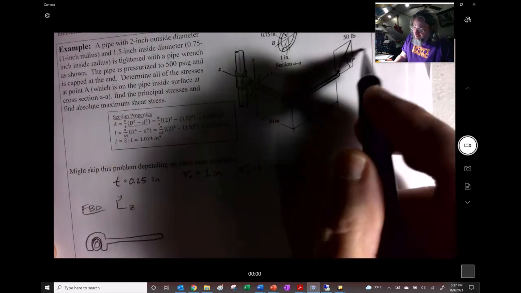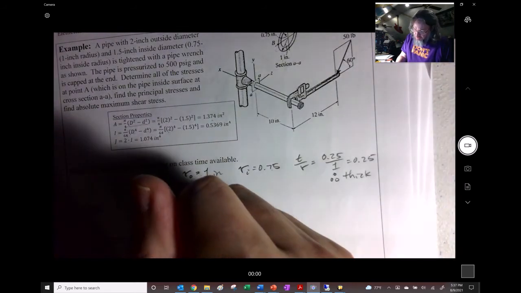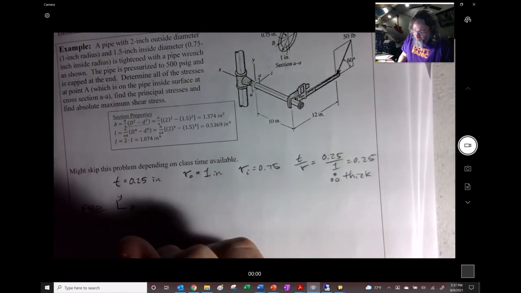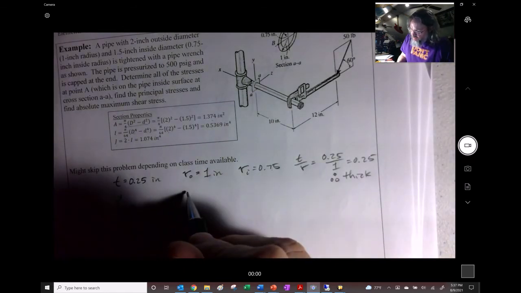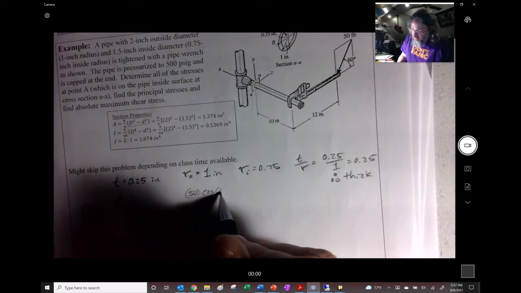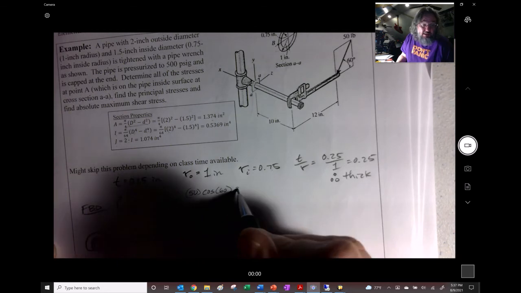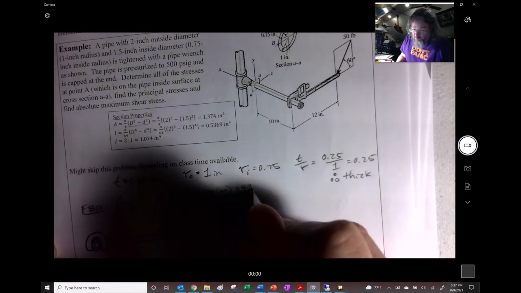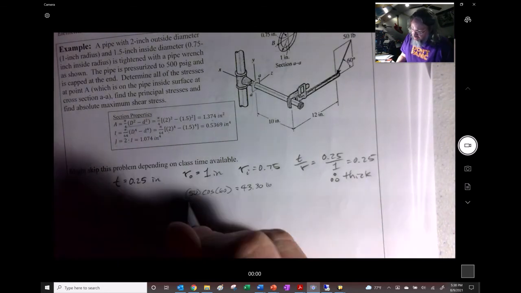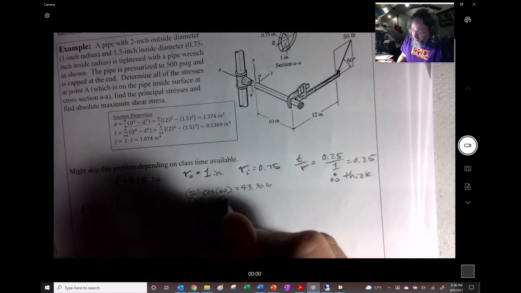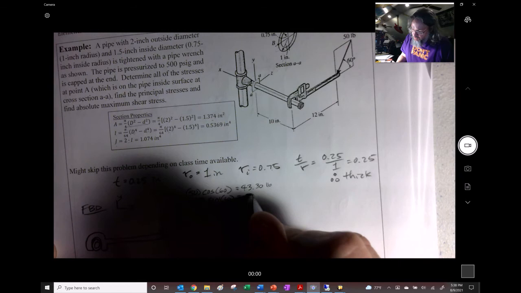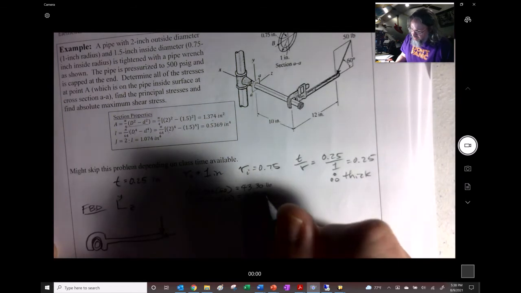And instead of putting the forces like this, let's put a force in that direction and break it into components in that direction. We know that 50 times the cosine of 60 is going to be 43.30 pounds, and 50 times the sine of 60 is going to be 25 pounds.